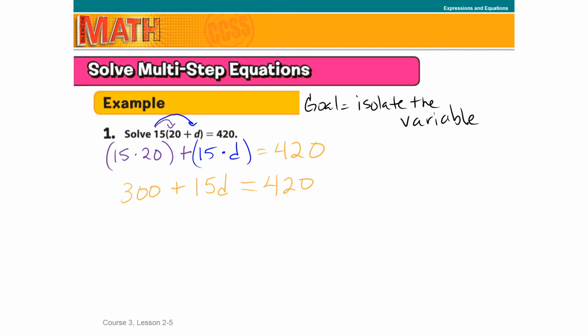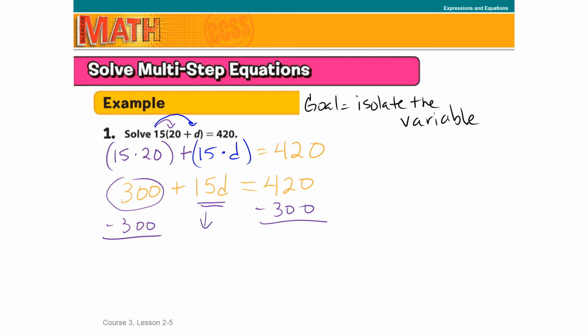Now, we're still trying to isolate this variable, and I see it right here next to that 15. We've learned before that we need to get rid of everything that's surrounding it, so I need to get rid of the 300. In order to get rid of the 300, I'm going to do the opposite of what it is. Right now it's positive. I'm going to subtract 300 from both sides.